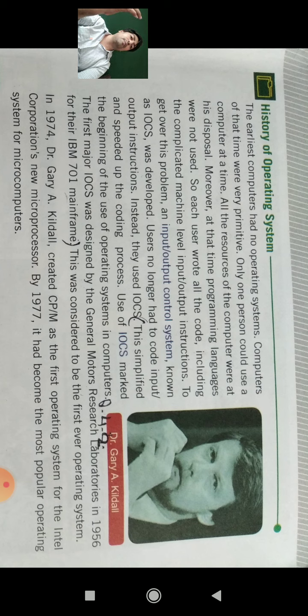That time, IBM 701 mainframe. This was considered to be the first ever operating system. The scientists were very glad after the development of the IOCS after 1956.